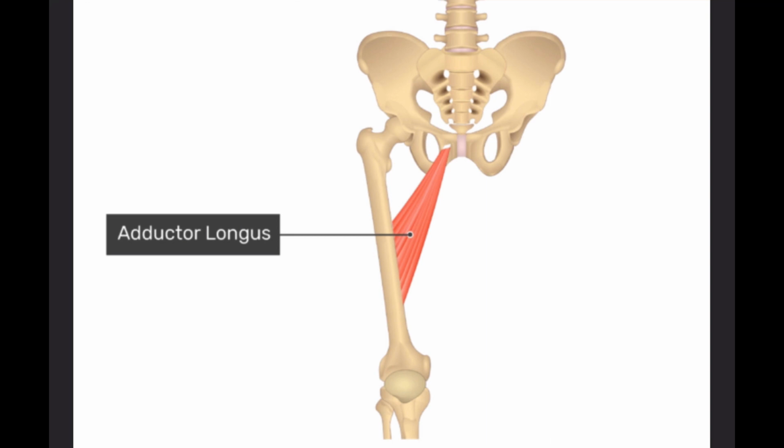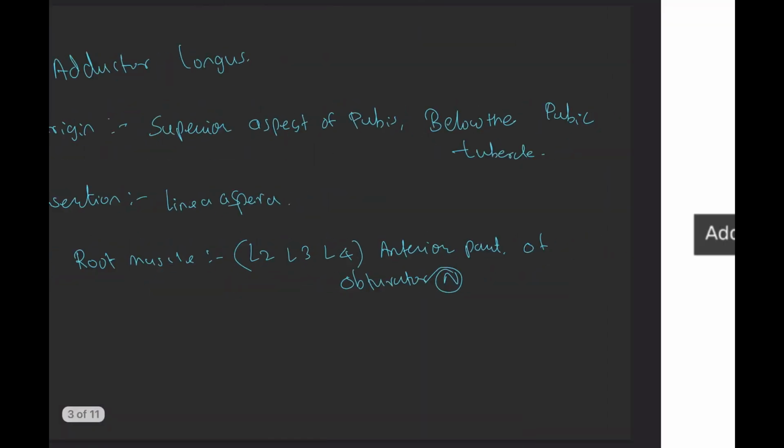This is where the origin is, and this is the insertion on the linea aspera of the femur.